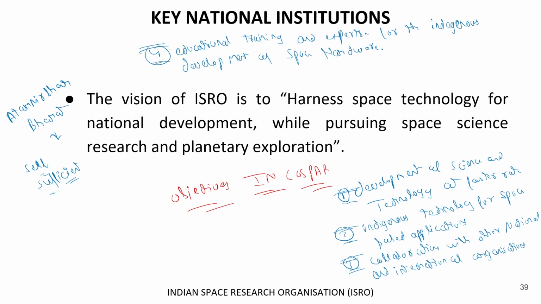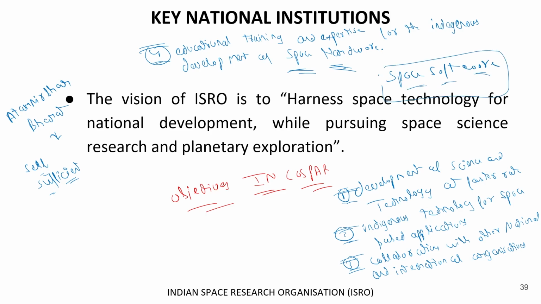And the fourth, which is very important, is educational training and expertise. Training and expertise for the indigenous deployment of space hardware should be obtained within India. Because space hardware and space software are both important.